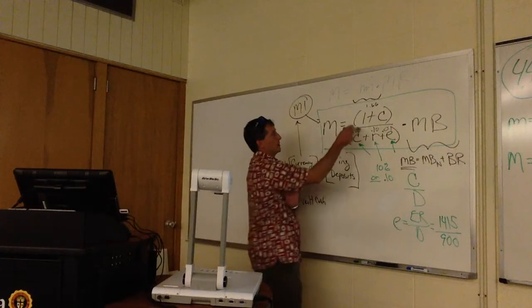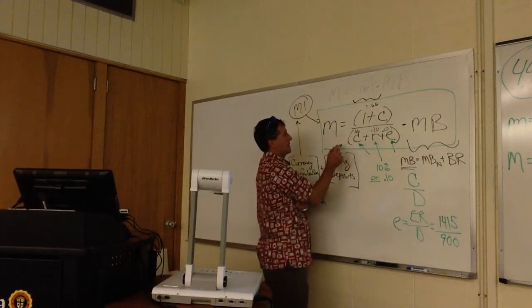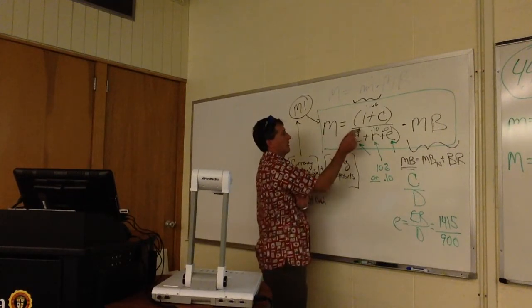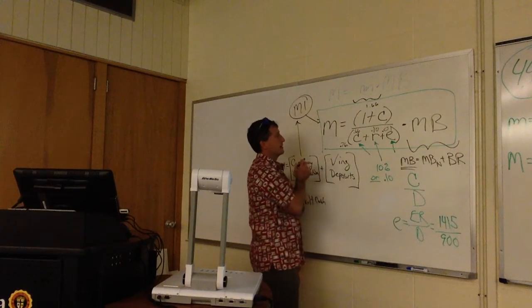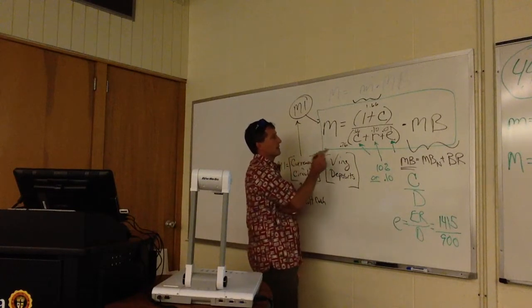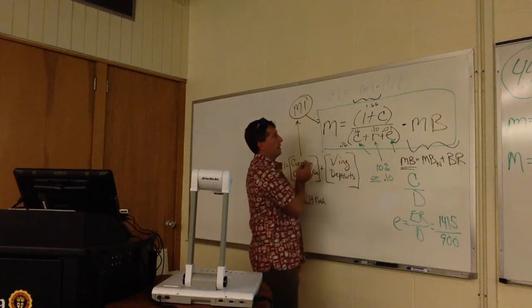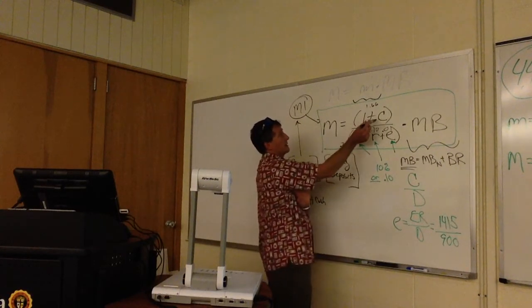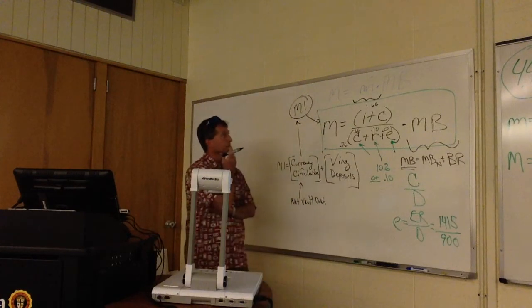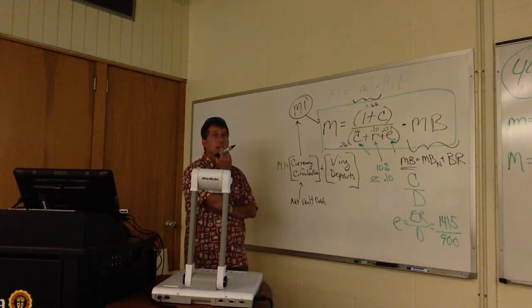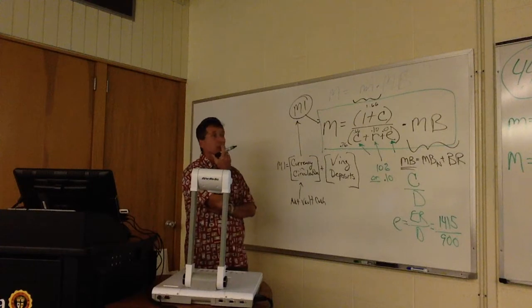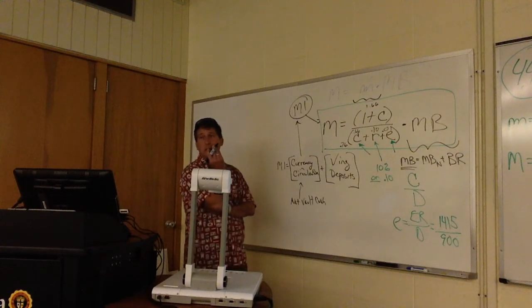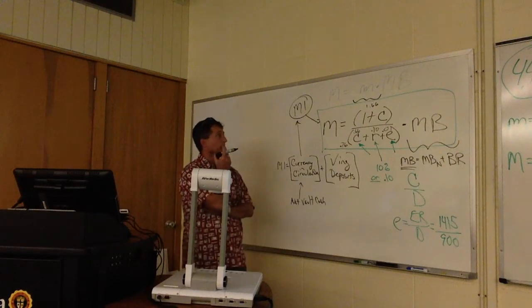So if the change in this one goes up to 0.76, this goes up by 0.1. And what does this go up by? 0.1. So what happens with the change? What happens with the multiplier?